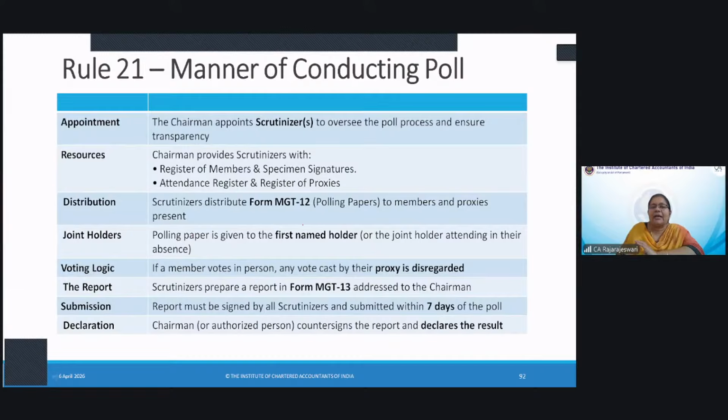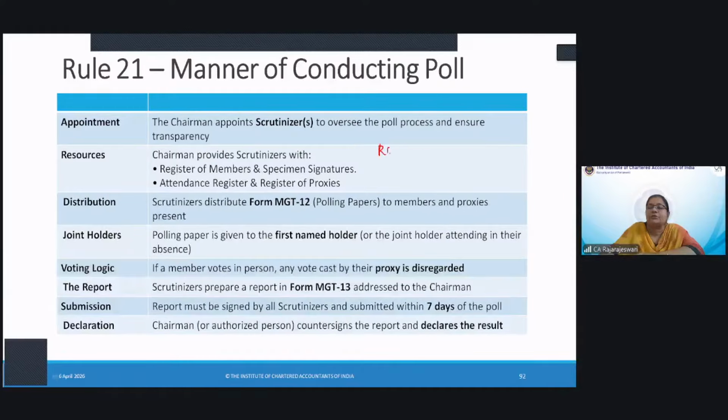Then, what is the manner of conducting the poll? For that, the chairman appoints the scrutinizers, right? And what are the papers that you should give to the scrutinizer?